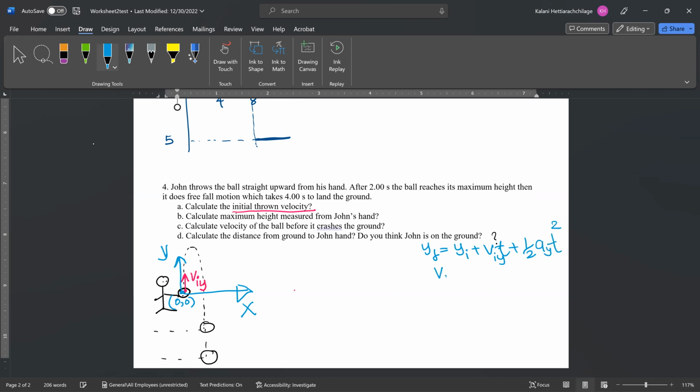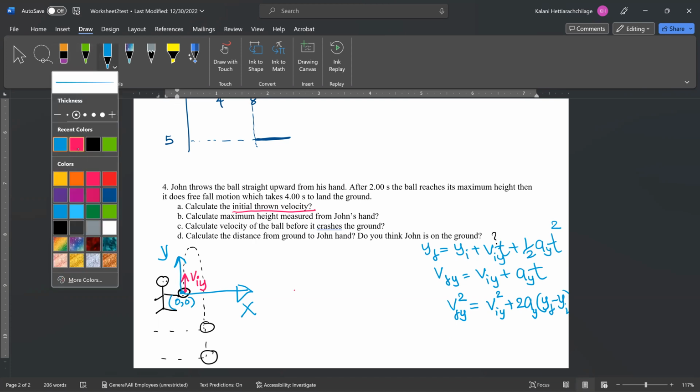And then v final in y direction equals v initial in y direction plus acceleration y direction times time. And the third formula, v final y squared equals v initial y squared plus twice acceleration in y direction times displacement, y final minus y initial. Those are the three formulas that we learned to use for the y direction, right?